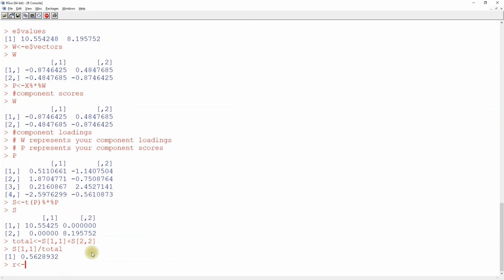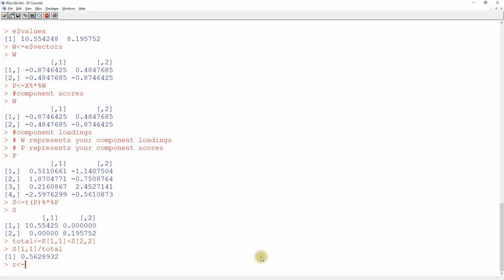You have two different functions that you can use. prcomp is one, which you can apply to a data set to apply PCA.